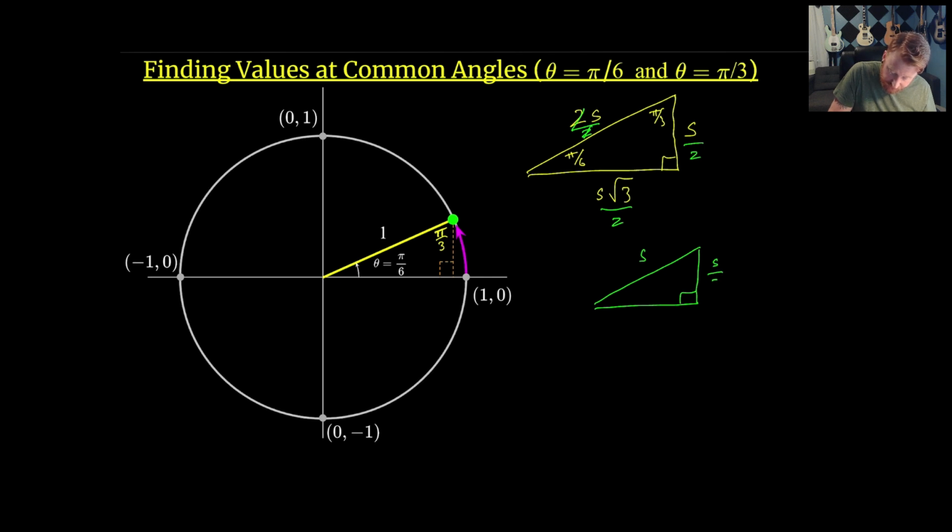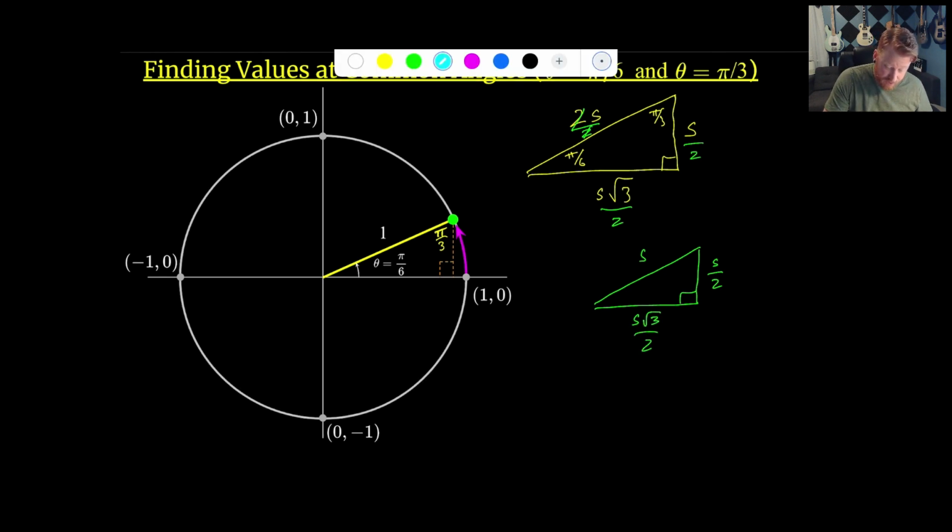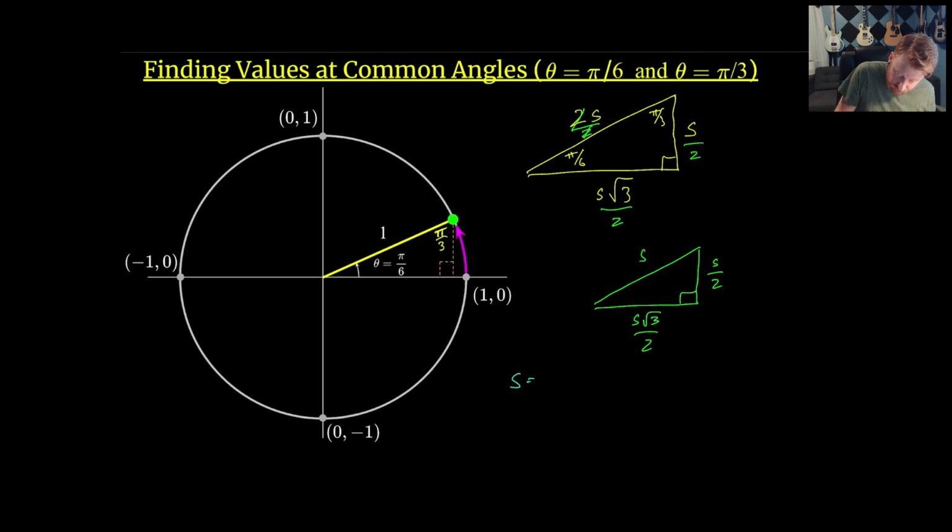This shorter leg is going to be s over 2, and the longer leg is going to be s times the square root of 3 over 2. And just like we did before, we will let s be equal to 1, because I'm trying to get my hypotenuse to just be 1. So once I do that, I'll get this triangle sketched back in here.